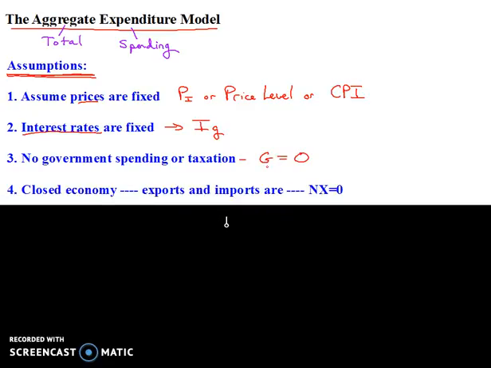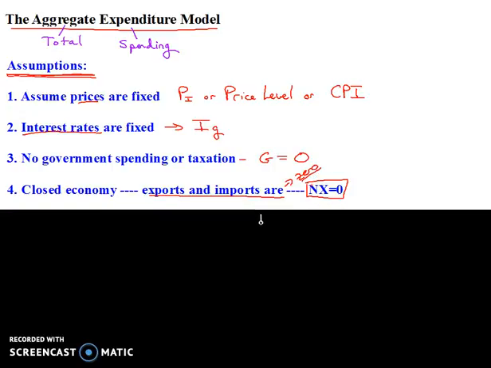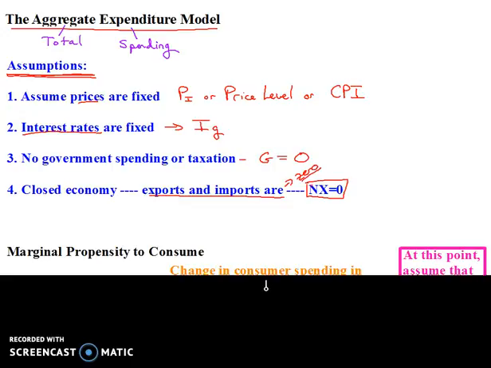We're also going to assume that we're in a closed economy, so imports and exports are zero. There are no exports and no imports, which means that net exports are equal to zero, so they just go away.